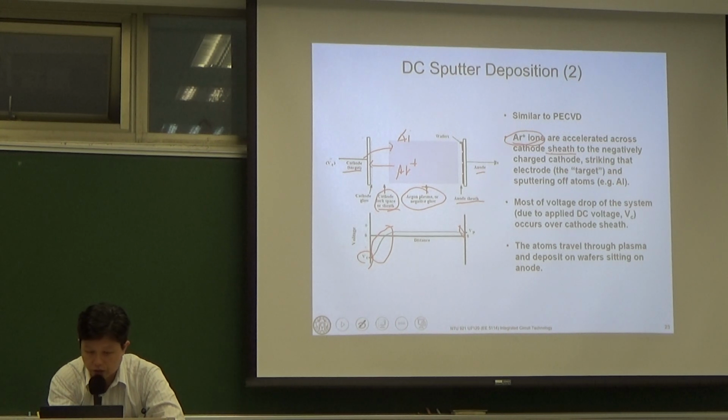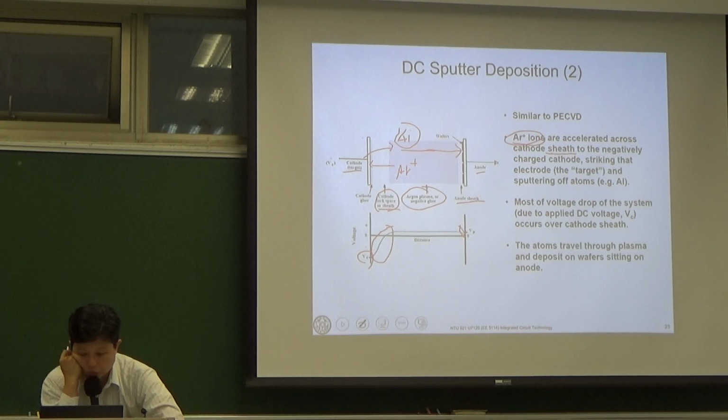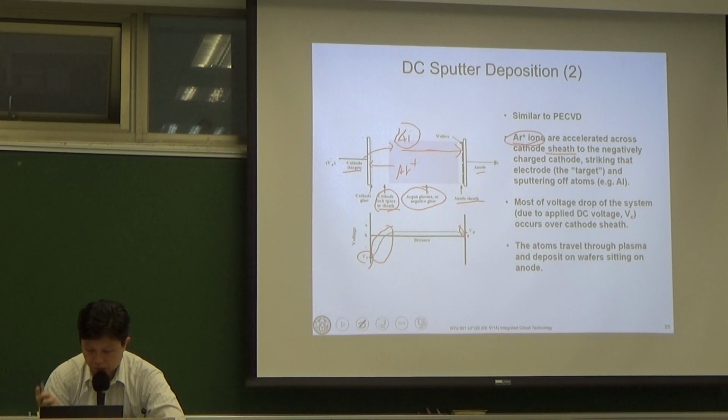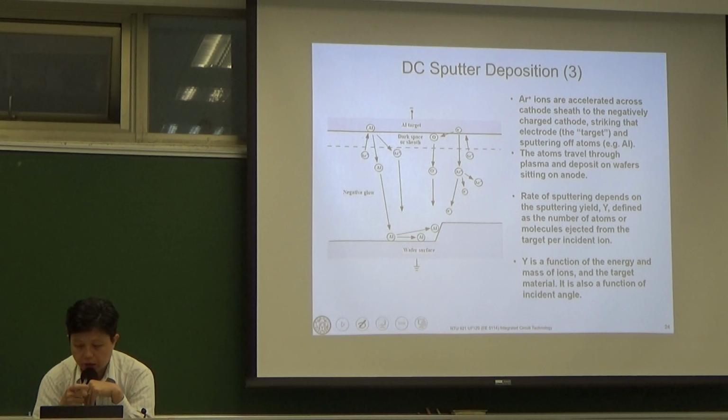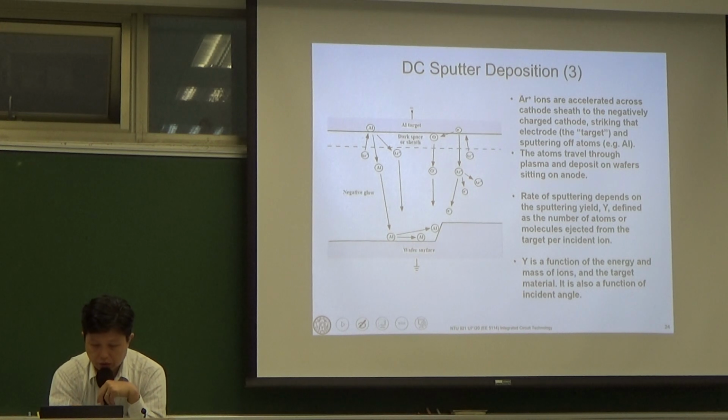Okay, and these aluminum atoms will travel through the plasma and deposit on top of your wafers here. So here are just some figures to show you this argon sputter and aluminum.